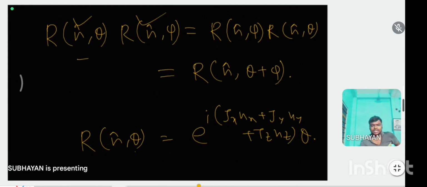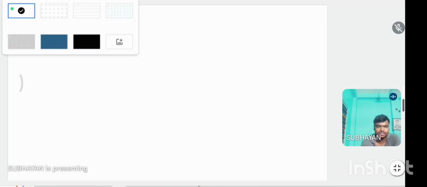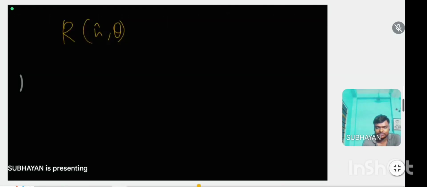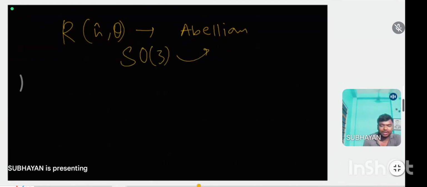So how can you interpret this, that in spite of the generators being in a non-abelian group, these are abelian? These things are very interesting. R(n, theta) is abelian. That means SO(3) is abelian.